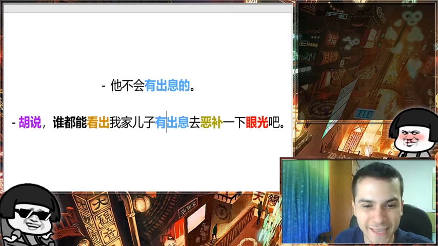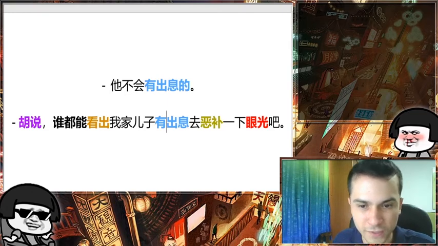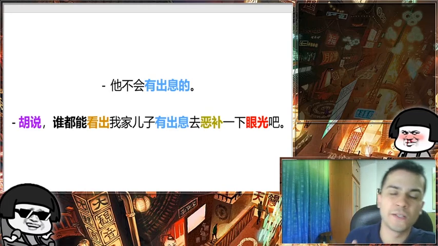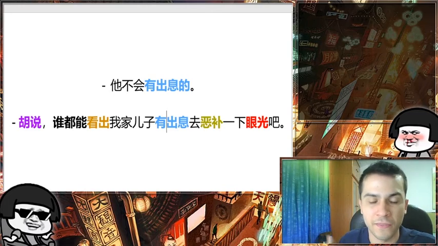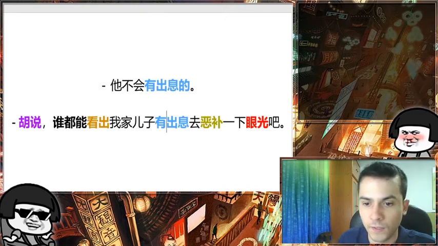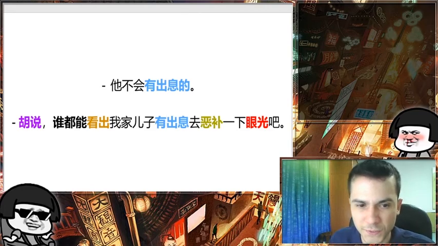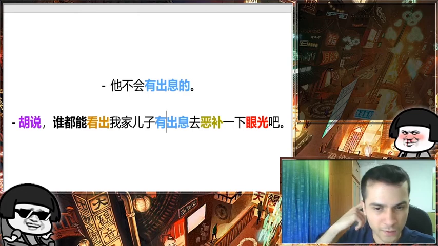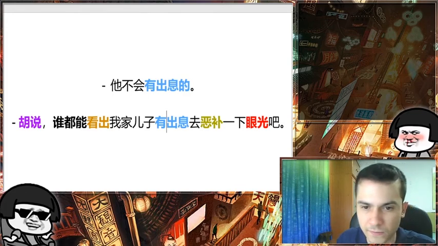So everyone can tell that my son, my very son, 有出息, will do great things in the future. He has a lot of future prospects, a lot of potential in a way, right? So she's saying that's nonsense. Everyone can see my kid is great and he will do great things in the future.